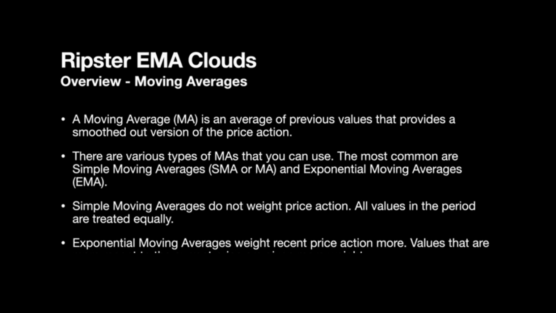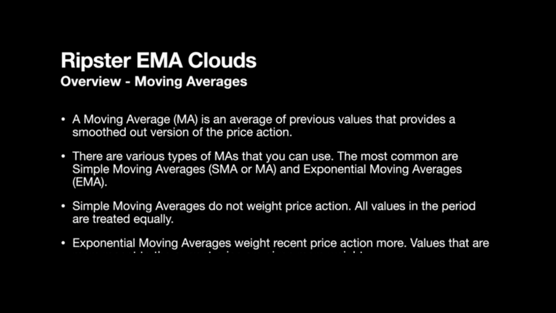The most common are the simple moving averages, which can be called SMA or MA. And if it's like the daily moving average, you might hear the term DMA. And then exponential moving averages. There's a variety of different numbers people choose for this. That's really based on your own liking and what periods you like. Common simple moving averages are 5, 10, 20, 50, 100, 200.